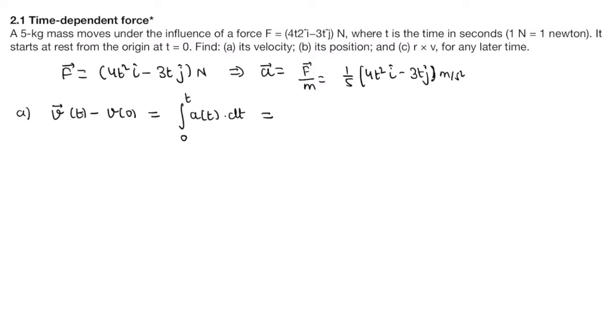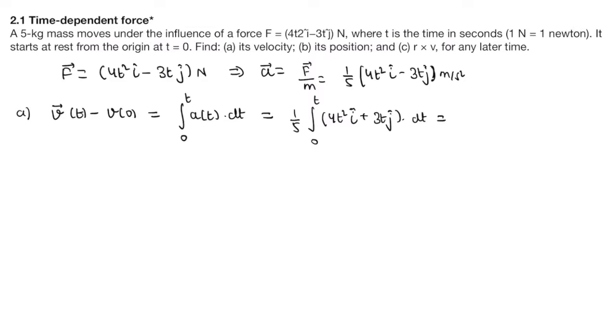So it will be just 1 upon 5 integral 0 to t of 4t squared i cap plus 3t j cap dt.